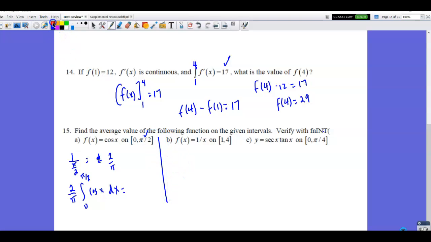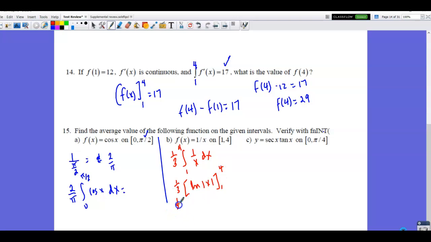In letter B, we are finding the average value, 1 over b minus a, so 1 over 3 from 1 to 4 of 1 over x dx. Be careful here, the antiderivative of 1 over x is ln, absolute value of x from 1 to 4.